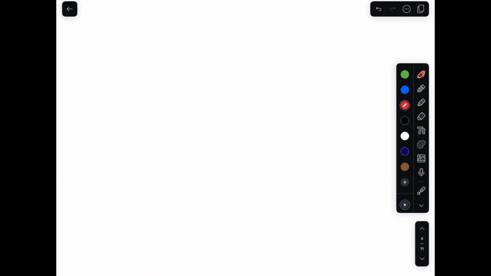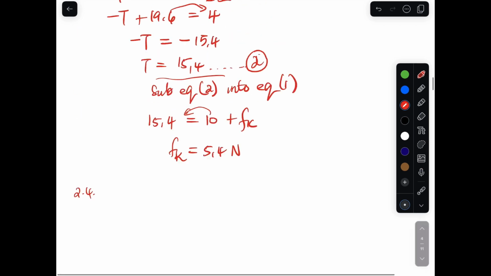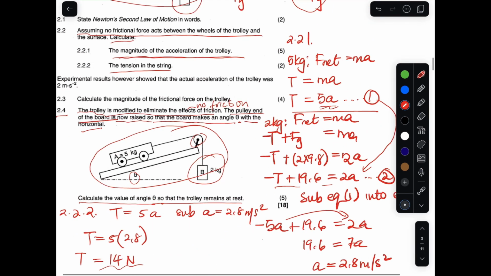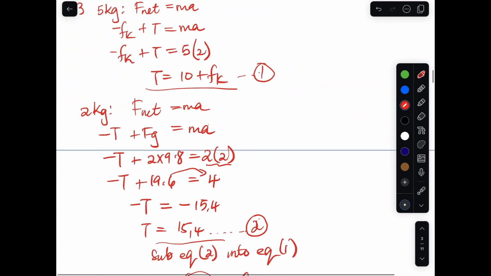What do you need to understand there? Forces that are acting here: Fg parallel, no frictional force, normal force, gravitational force, tension force there, gravitational force. Those are the things that you need to remember there.